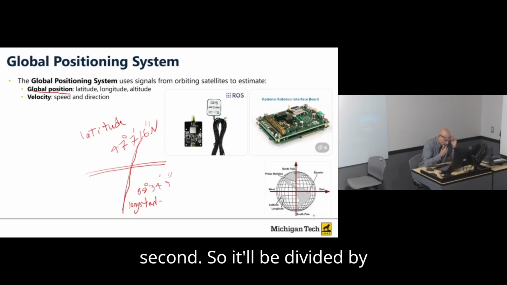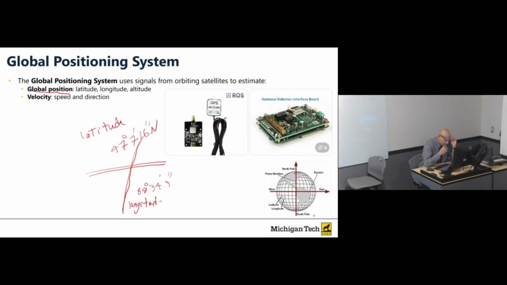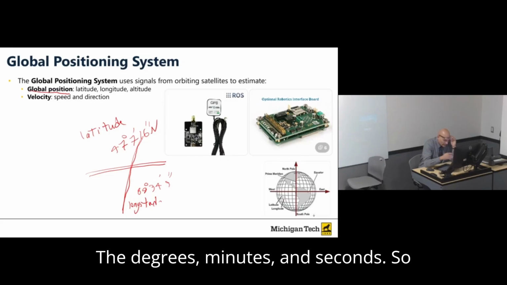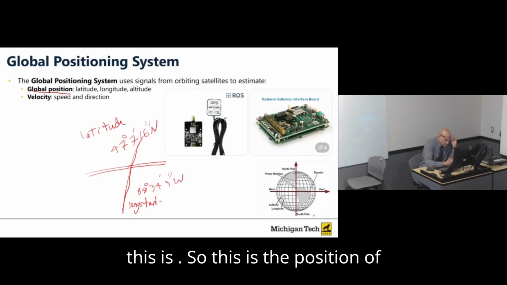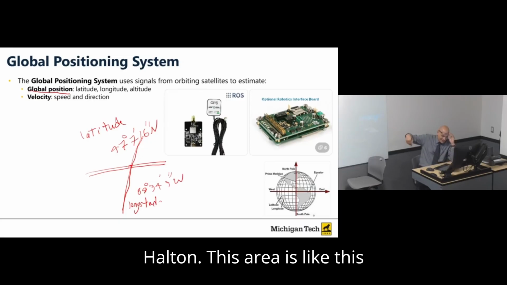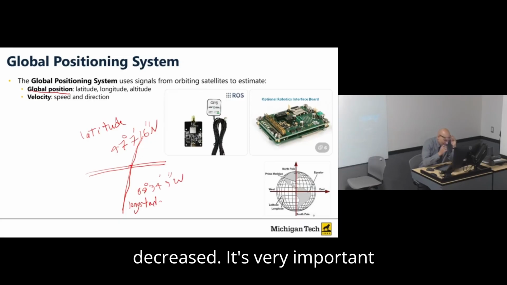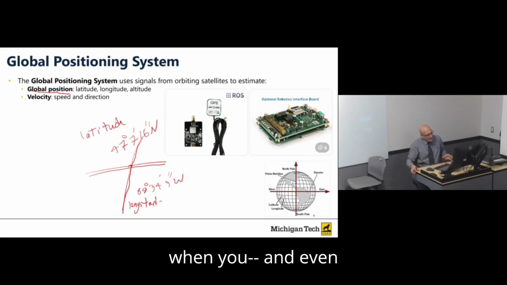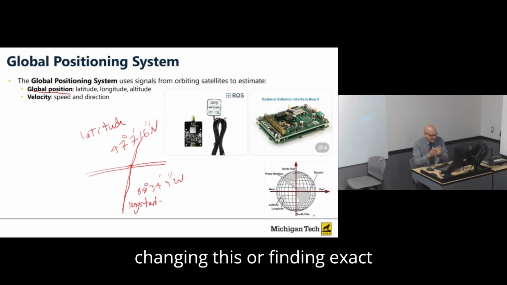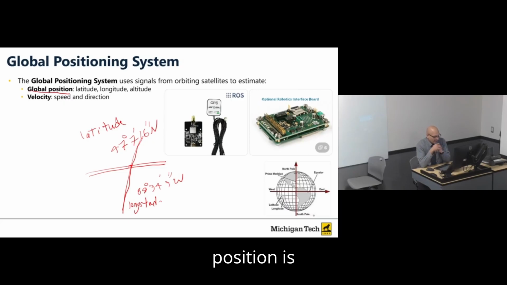So we divide it into degrees, minutes, and seconds. So this is the position of Houghton. This area is at these degrees. It's very important, and even changing this or finding the exact position is important.